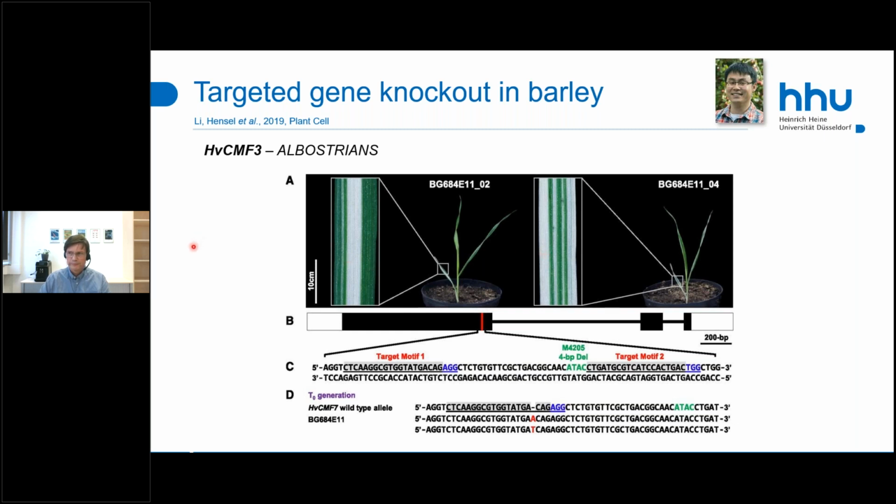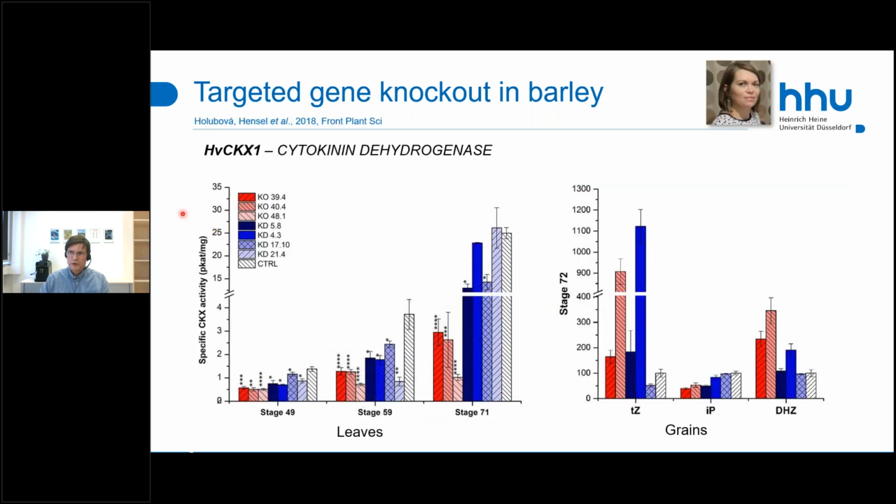So a second approach which has been published together with the group of the late Petr Galuszka and Veronique Bergougnoux. Here Katarina Holubova was studying some hormonal composition in barley, and we were targeting cytokinin biosynthesis, targeting the CKX1 gene, which is a cytokinin dehydrogenase.